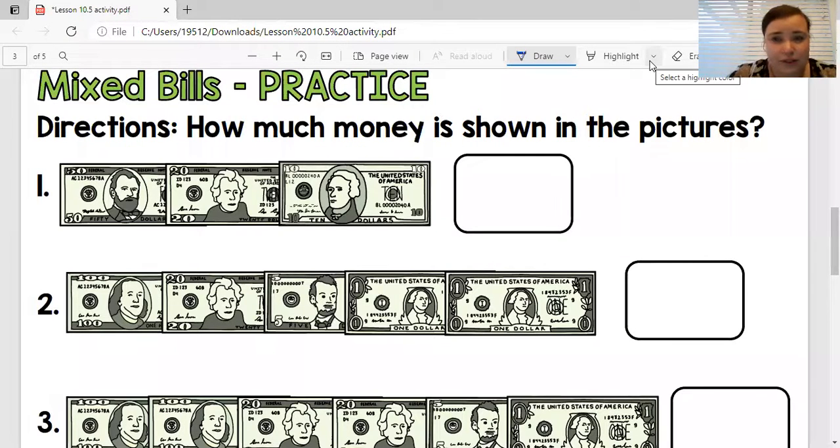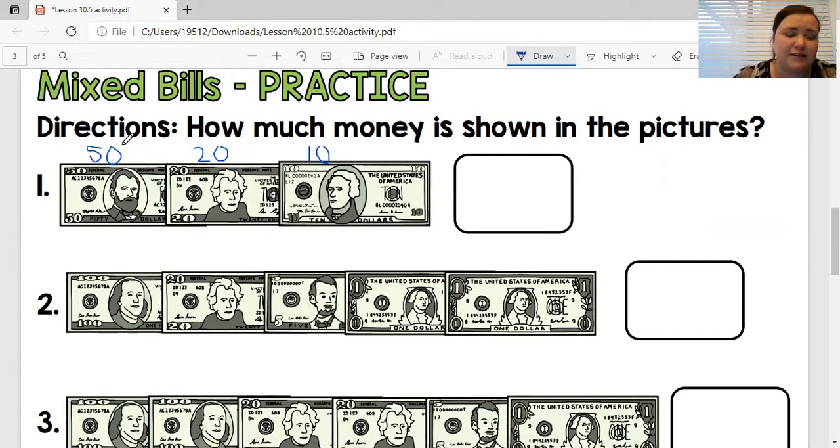An important thing to remember is that when we're counting our dollars, we want to make sure they're ordered from the greatest value all the way to the least value. In this picture, we have a $50 bill, a $20 bill, and a $10 bill. The value of a $50 bill is 50, a $20 bill is 20, and a $10 bill is 10.